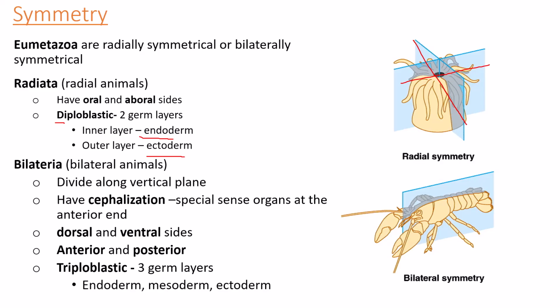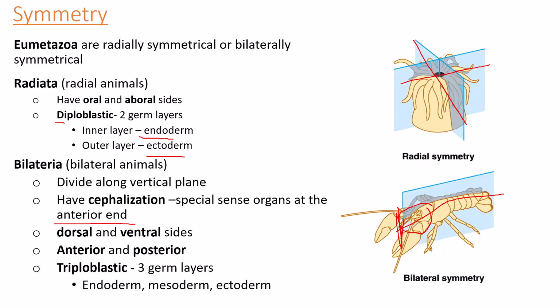Bilaterally symmetrical animals have left and right halves, broadly speaking, and they have cephalization, which is the fancy way to say they have a head, because they have their special sense organs, so organs for vision and smell and taste, right, on the anterior end of their body or the front end of their body.